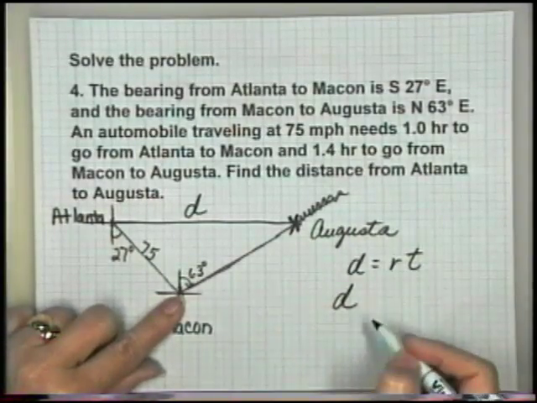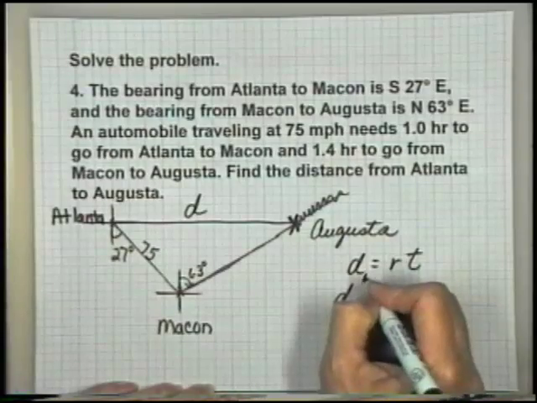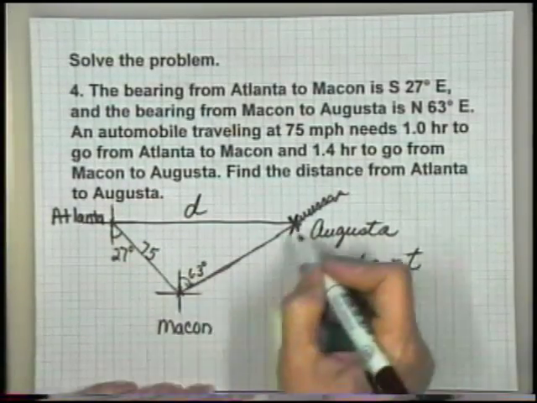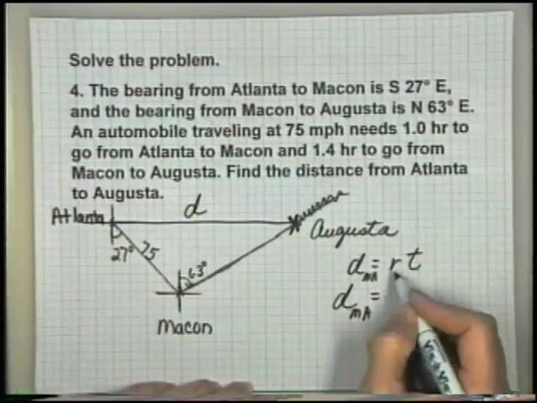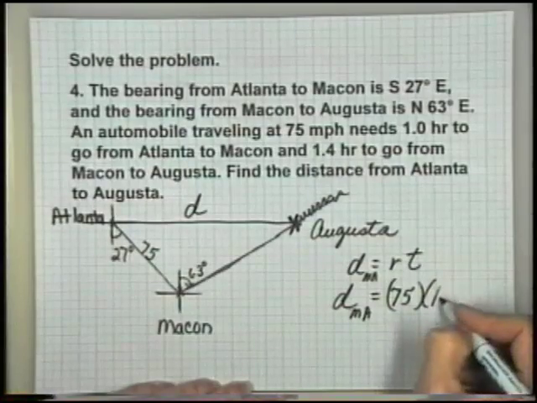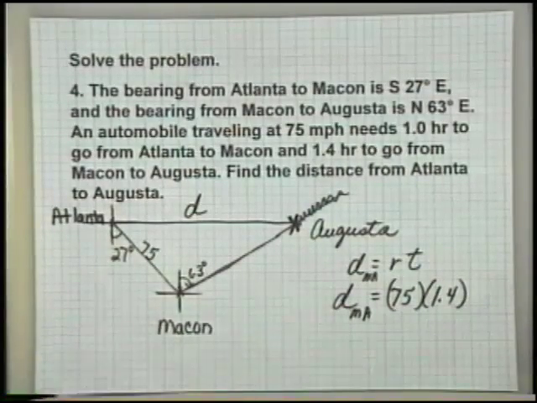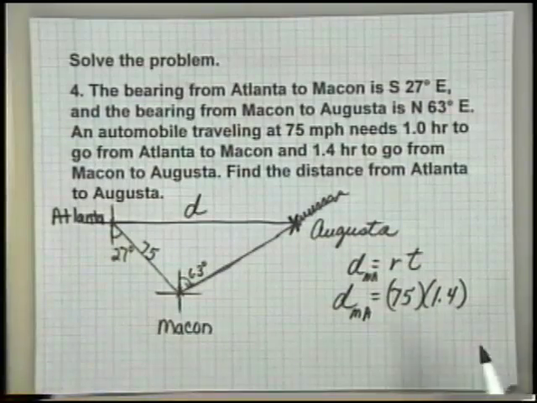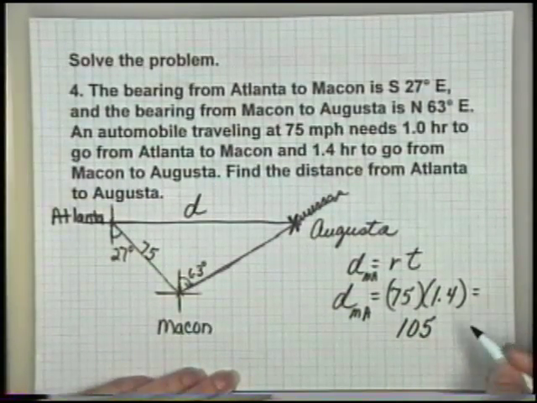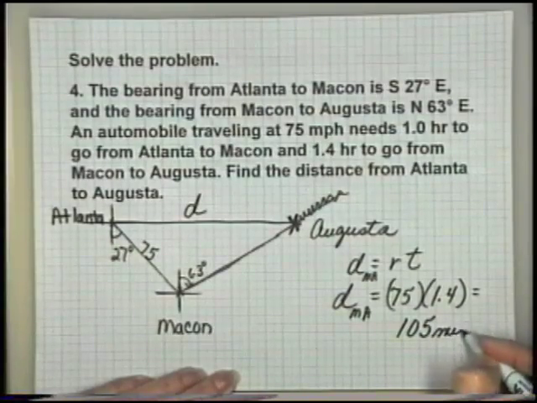So to get this distance, which of course is a different distance, maybe we'll call this the MA distance, meaning the distance from Macon to Atlanta. We'll take the rate, which is 75 miles per hour, and multiply it by the time, which is 1 4/10, and we get that distance is 105 what?